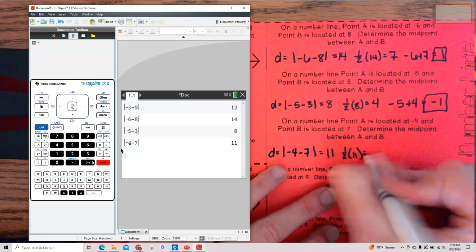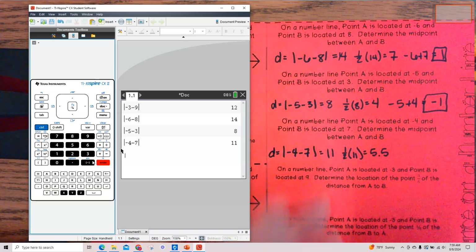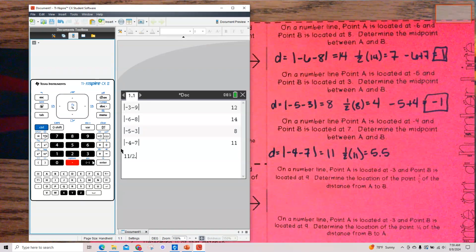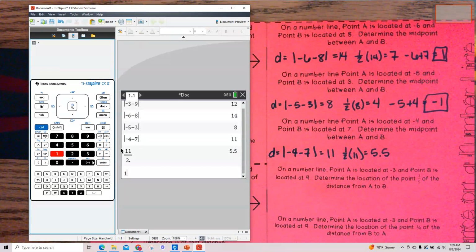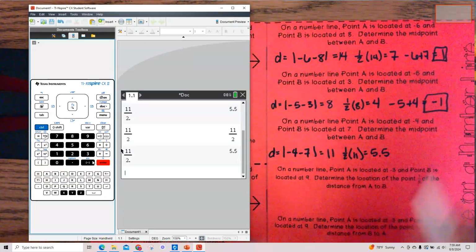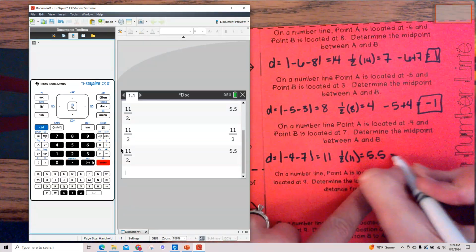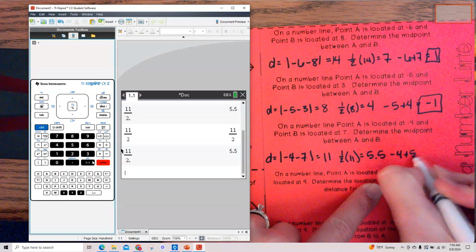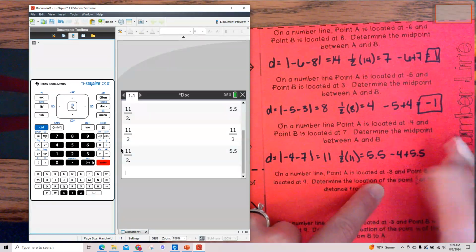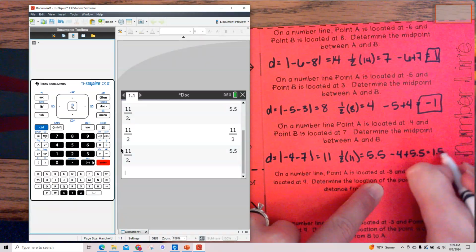Half of 11 is 5.5. Again, you can do this in the calculator. You can divide it by 2. Now, if you divide it by 2 and you don't put the decimal at the end, it's going to make it a fraction. So what I did, put a decimal at the end, and that way it gives it to me in decimal form. And then we add that to point A. So -4 plus 5.5 would give me 1.5.